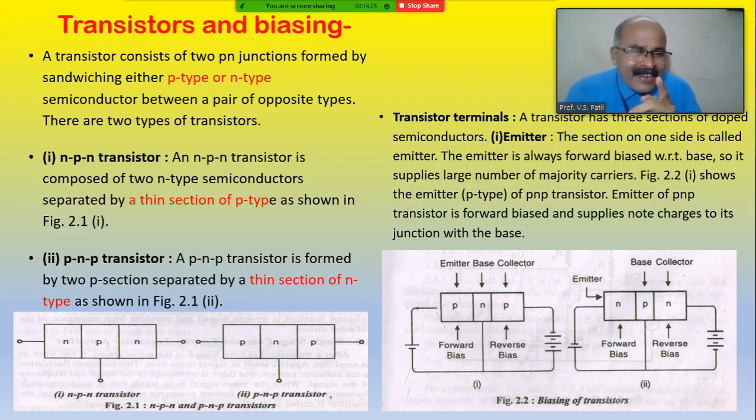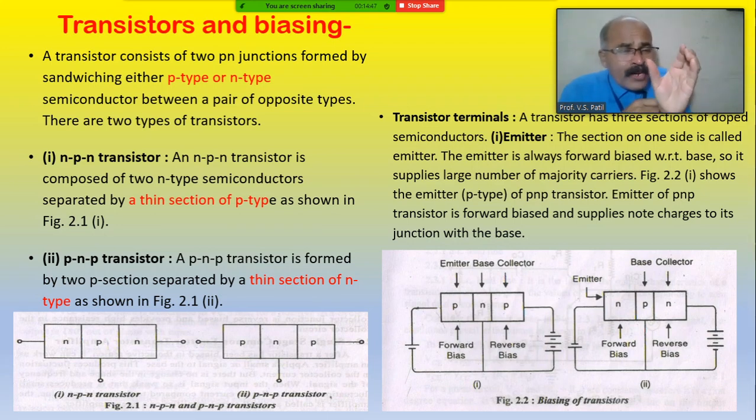Means that in a transistor, current conduction takes place with the help of both polarities, the hole as well as the electron. Hence it is known as a bipolar transistor. And why bipolar?